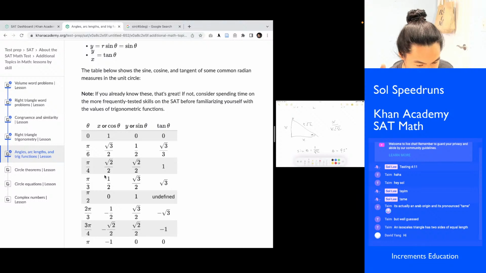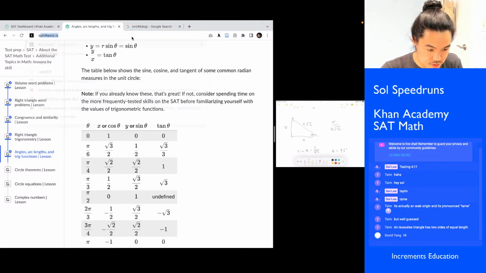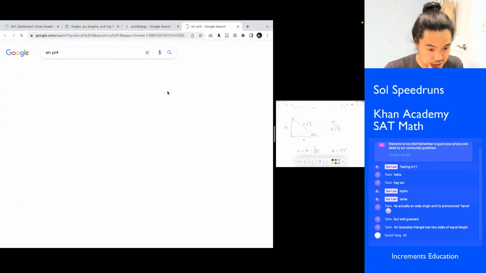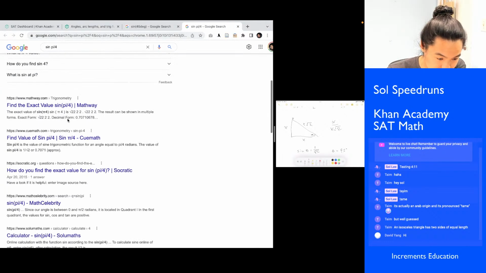Opposite over hypotenuse. I'm going insane. Sine of pi over 4. I need some video.